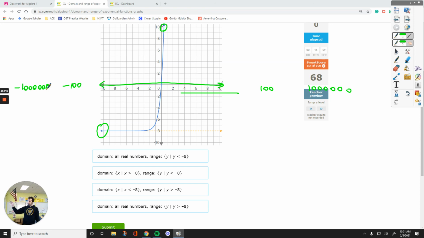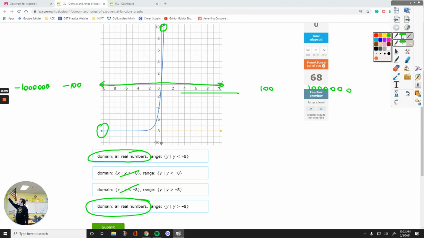We are talking about the x values for the domain. It's all real numbers, all of the negative ones and all of the positive ones. So domain, all real numbers. This one says x is greater than -8 or less than -8. -8 has something to do with the range, not the domain. So my answer is either the first or the last one.